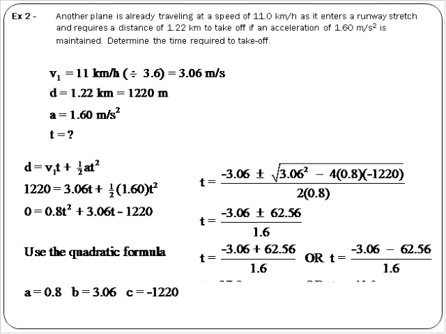When you solve that equation, one of the answers you get is a positive 37.2. The other answer you get is a negative 41.0. Now, this one is pretty easy to figure out, because you know that time, not being a vector quantity, cannot be negative.